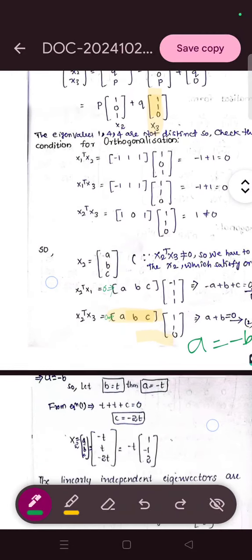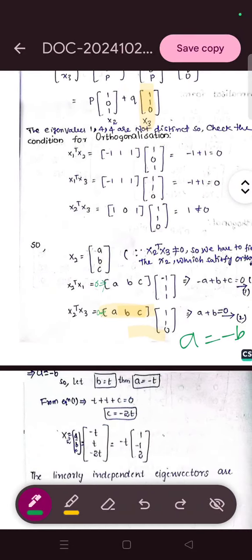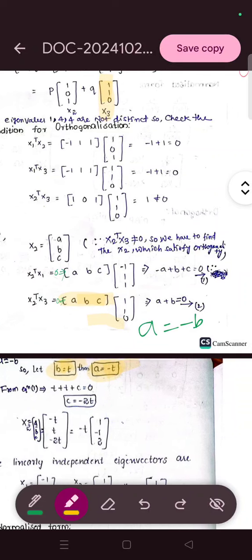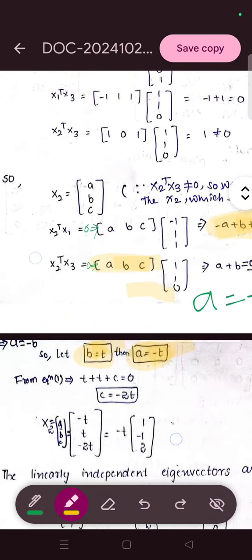So simply let's take a non-zero value, small t, and t belongs to capital R. So let b equal t, and then a equals minus t, right? If we put this in this equation, minus a plus b plus c equals 0, we get the value of c. t plus t plus c equals 0, so c equals minus 2t.